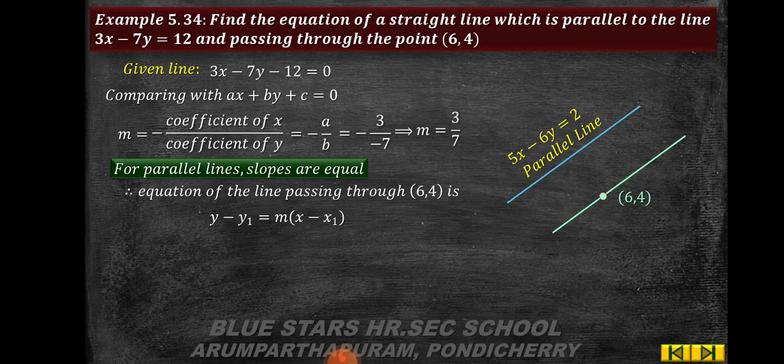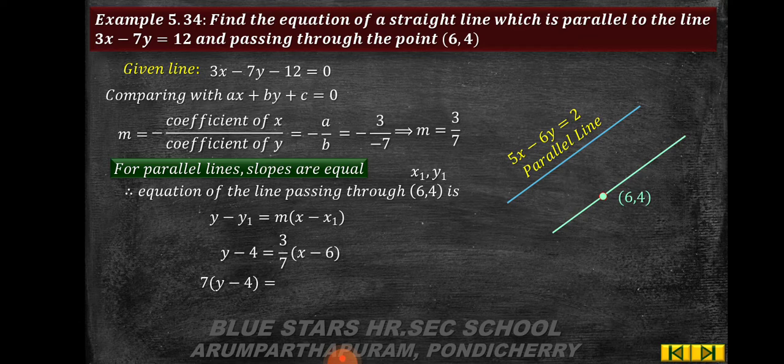So y minus y1 is equal to m into x minus x1. Here you know the x1 and y1 values and also the slope. Substitute the values in the formula. y minus 4 is equal to 3 by 7 into x minus 6.